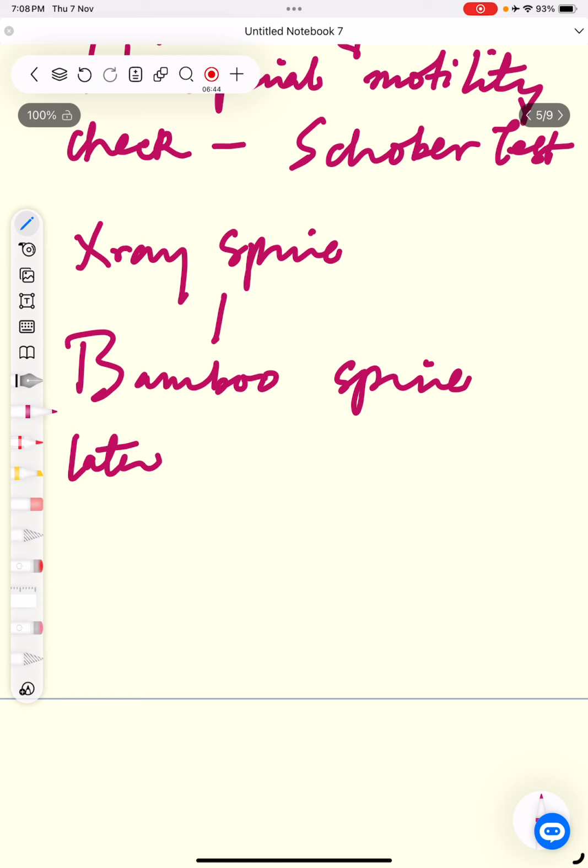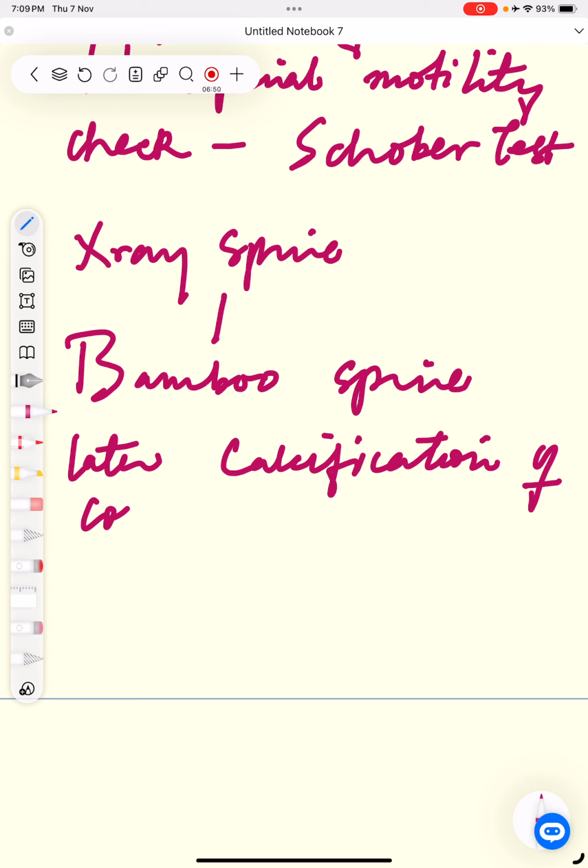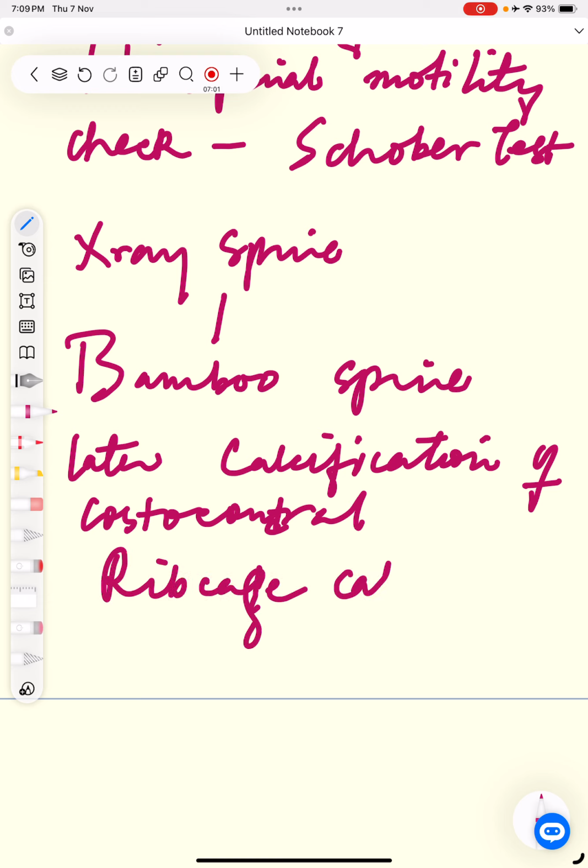Eventually, later on, what happens is calcification of costochondral joints. So you can see the rib cage getting calcified, which is really problematic for the patients.